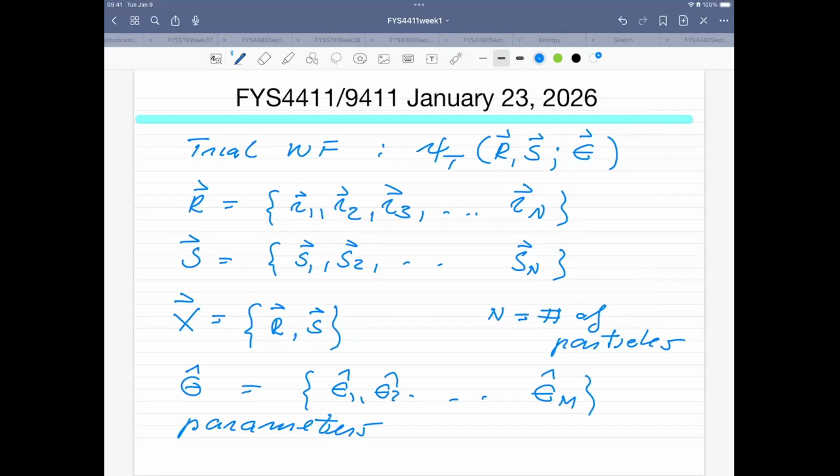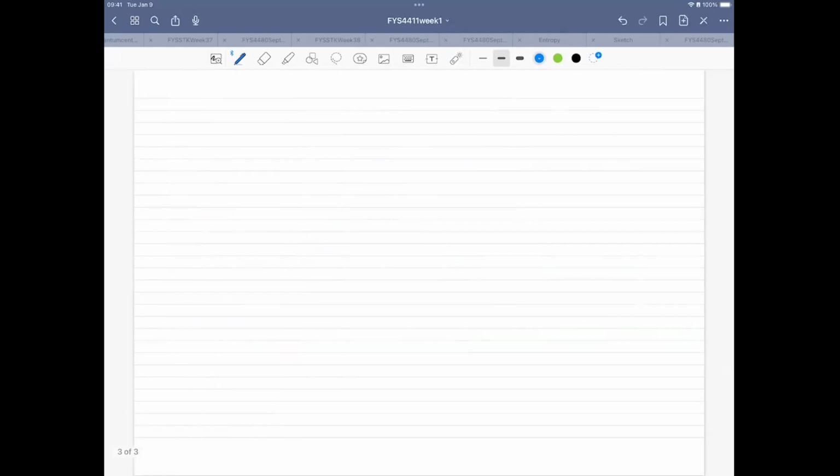So we're going to have a function which is defined by these different parameters. That means that the energy, unless we have the exact energy, is going to be a functional of this wave function. So I'm going to define the energy as a functional of theta. That is going to be given by an integral where I now sum over the spins and integrate over all the coordinates.